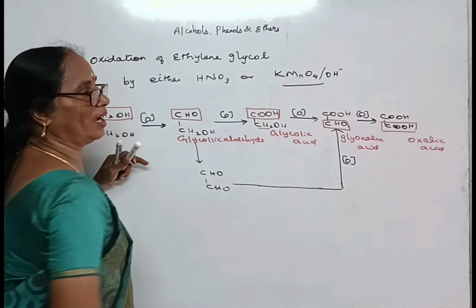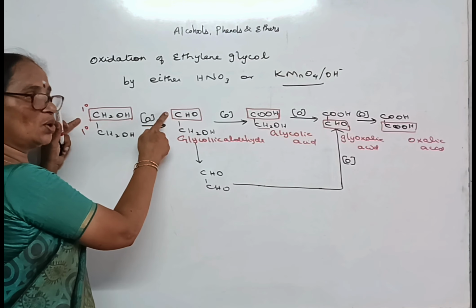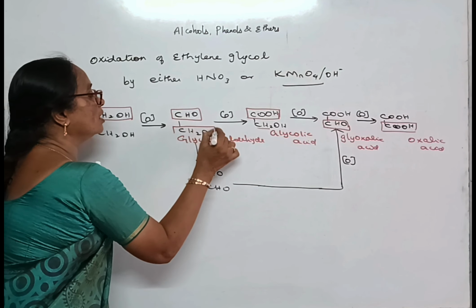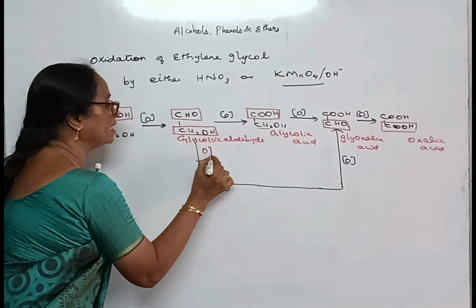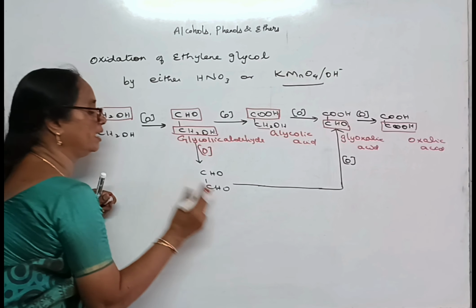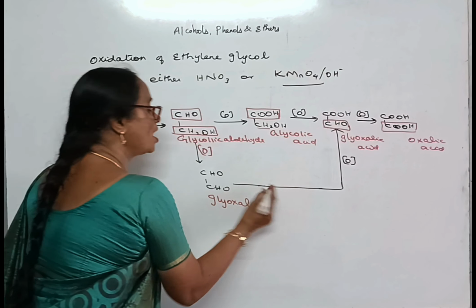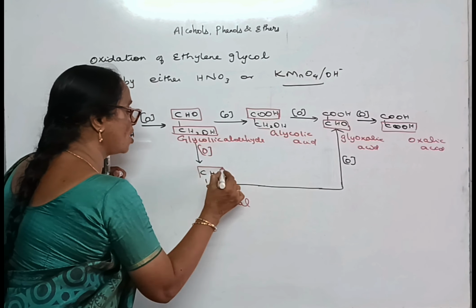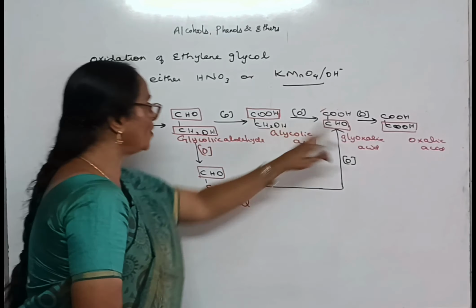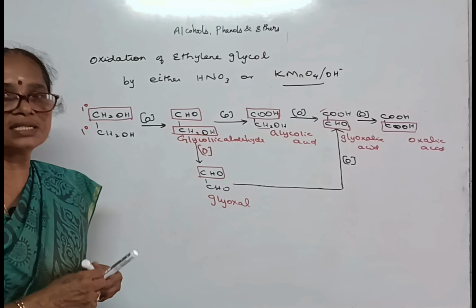Instead of this way, here the first primary alcohol is oxidized to aldehyde. In the next stage, when the other primary alcohol is oxidized, both are converted into aldehyde. This is called glyoxal. Upon further oxidation, an aldehyde is oxidized to COOH, and on further oxidation, glyoxalic acid is oxidized to oxalic acid.